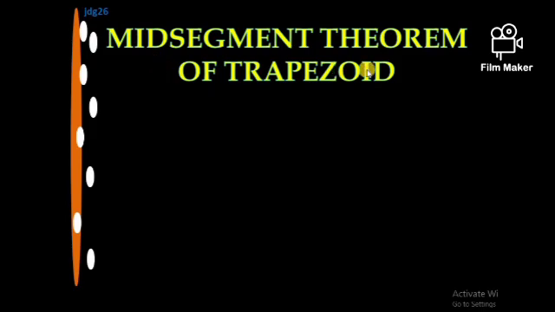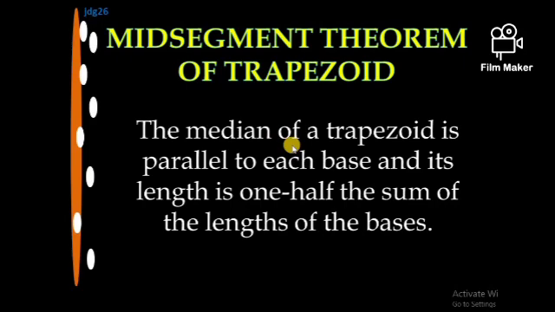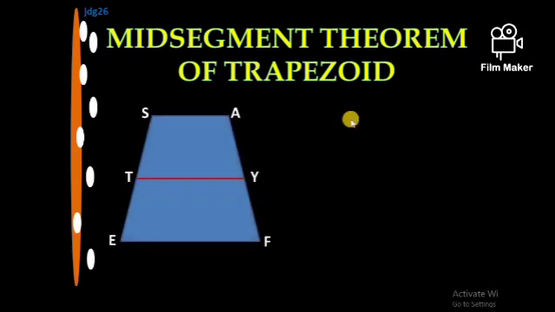Next is midsegment theorem of a trapezoid. The median of a trapezoid is parallel to each base and its length is 1/2 the sum of the lengths of the bases. Let us consider trapezoid SAFE.